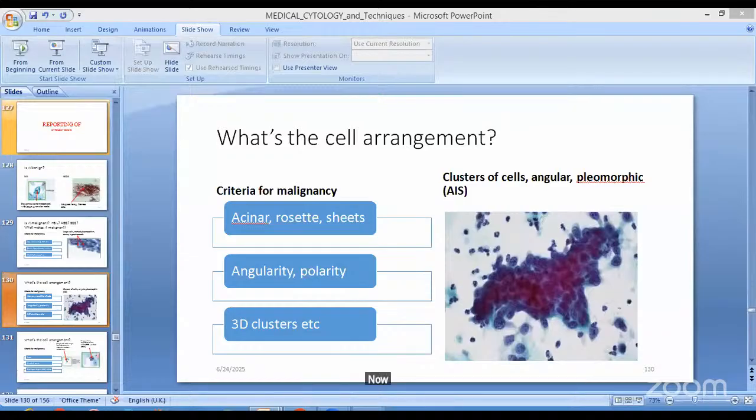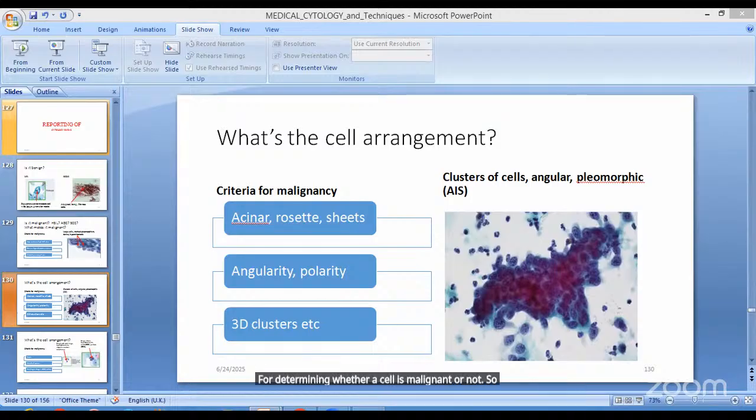Once you are done with the nucleus, now we have to talk about cell arrangement. That's another condition for determining whether a cell is malignant or not.